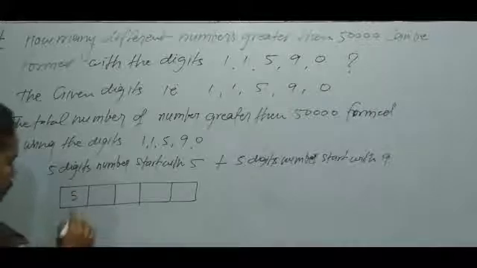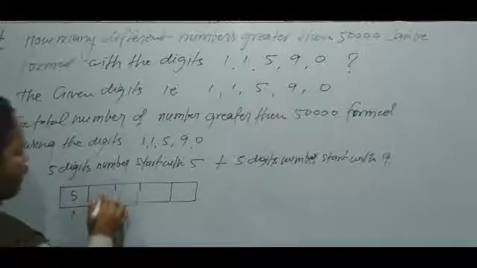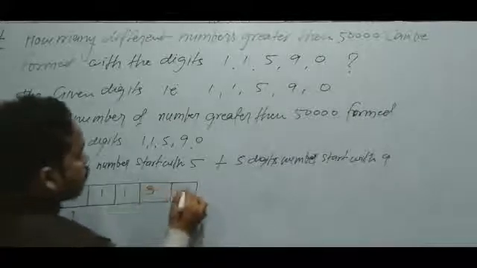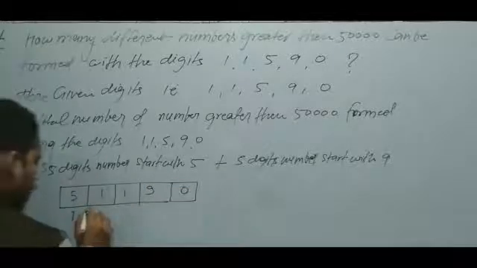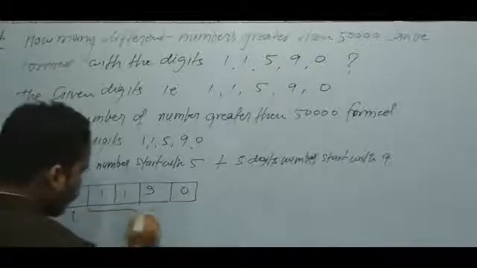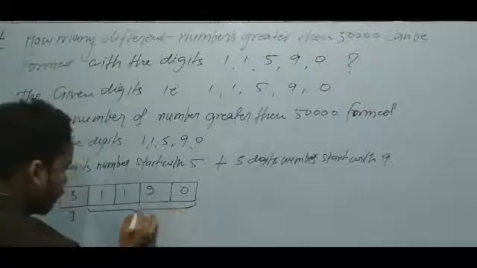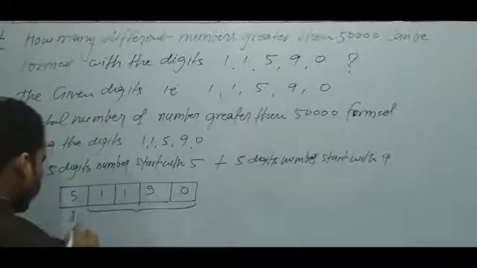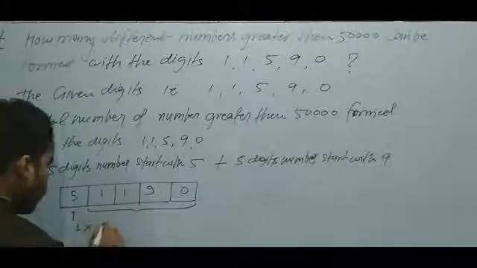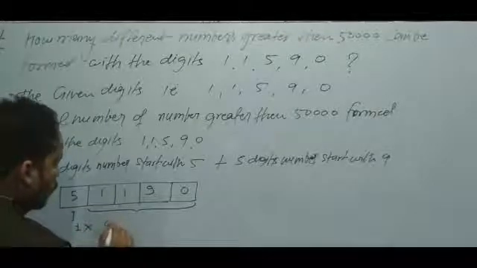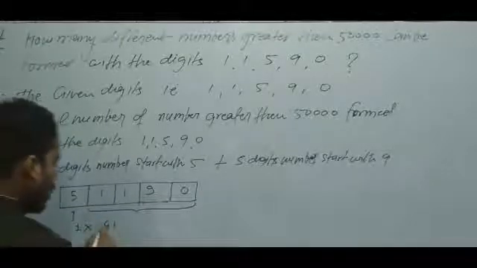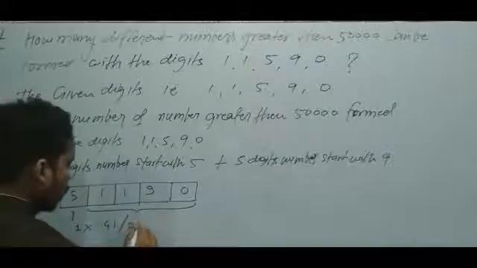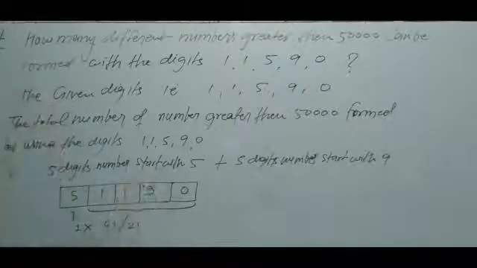So this is one ways, and 1190, its arrangement, this is 1 into factorial 4 and whole upon factorial 2 for 1.